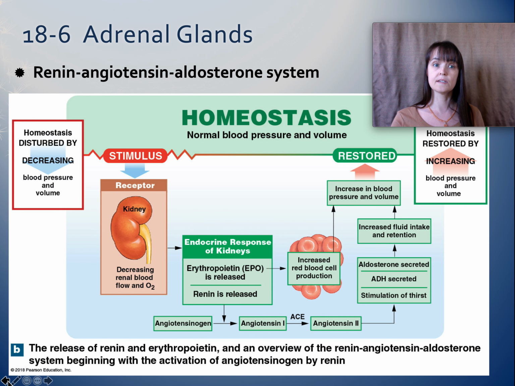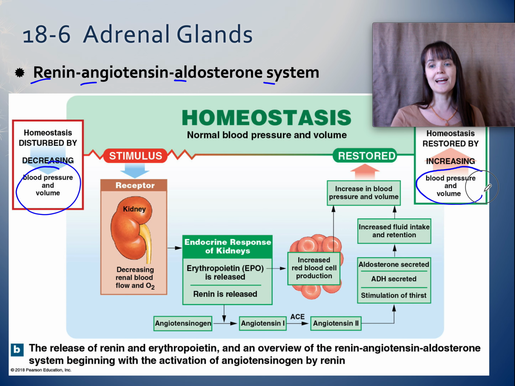Here it is. The RAAS, the renin-angiotensin-aldosterone system. It's for low blood volume and low blood pressure, and it acts to raise blood volume and blood pressure.